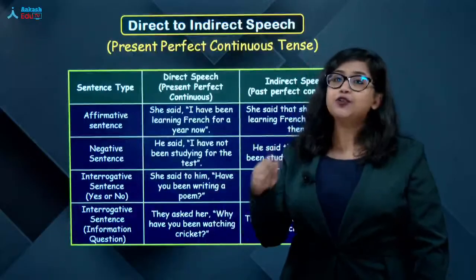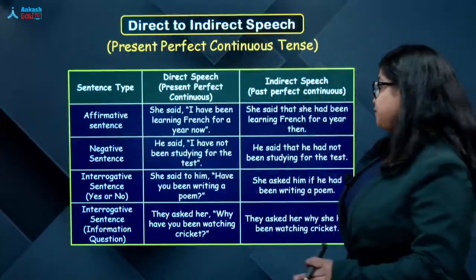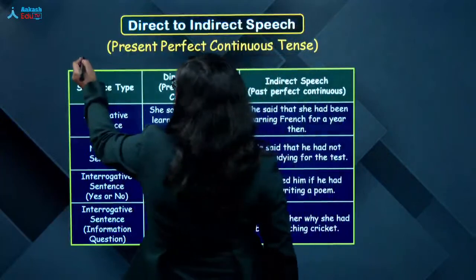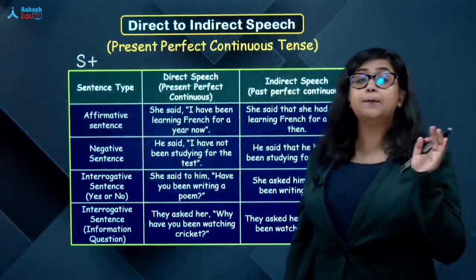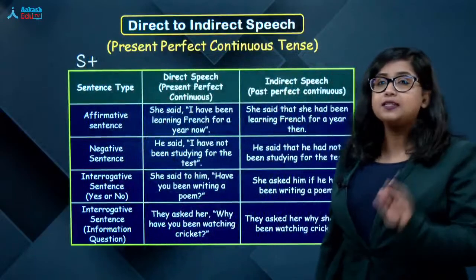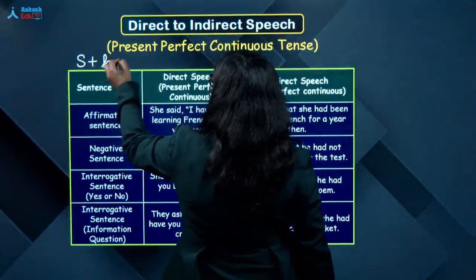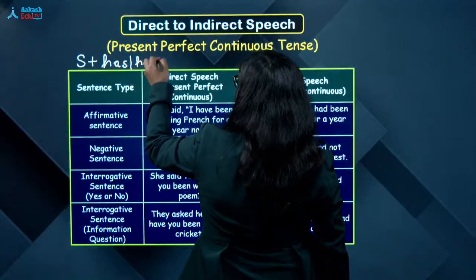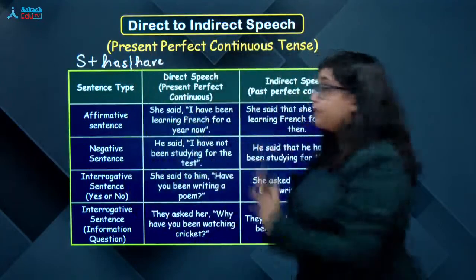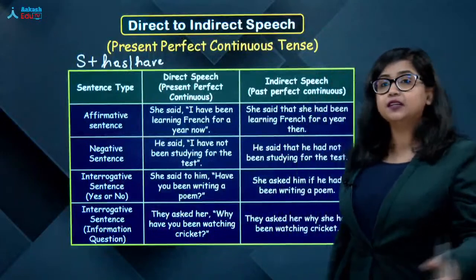So, how do we frame a present perfect continuous tense sentence? First of all, of course, as usual, you will start your sentence with your subject. Since it's present perfect, perfect means that you will use has and have. Then in perfect tense we use the V3 form, right? So the V3 form of be is been.